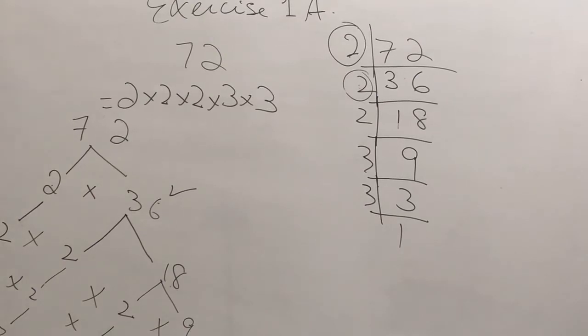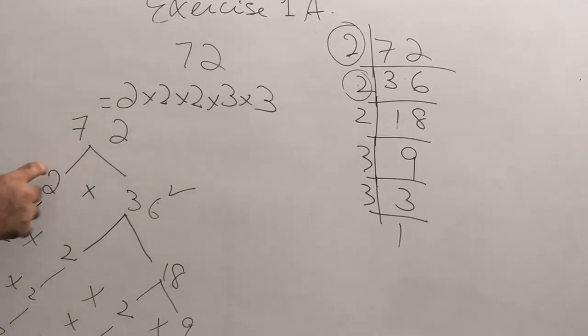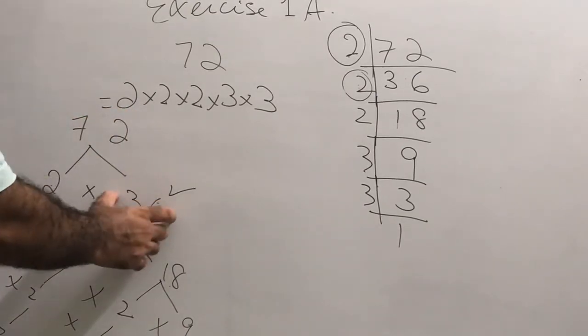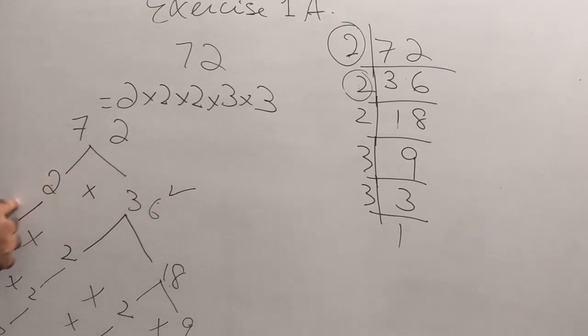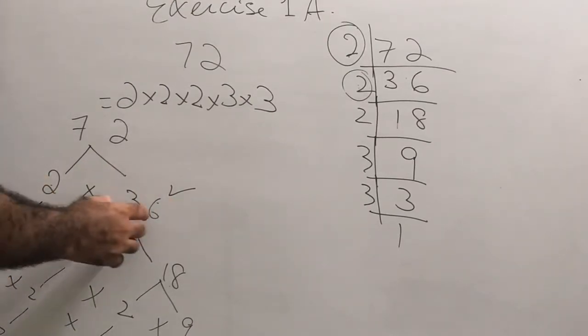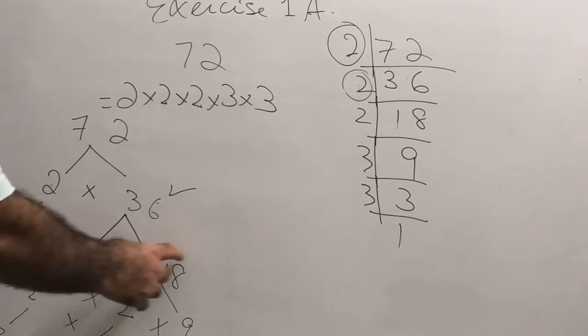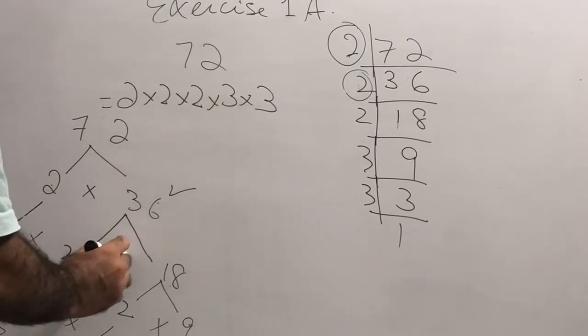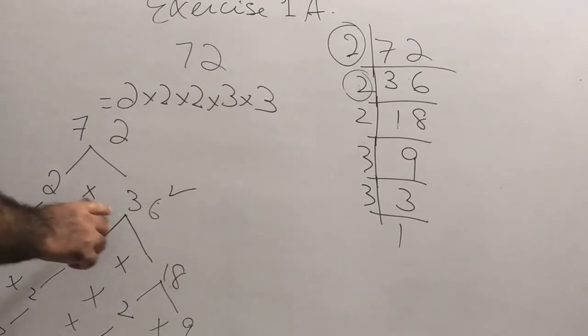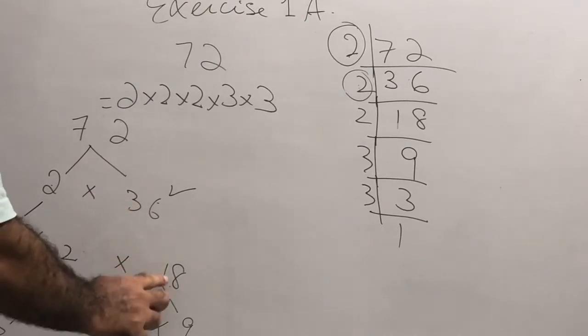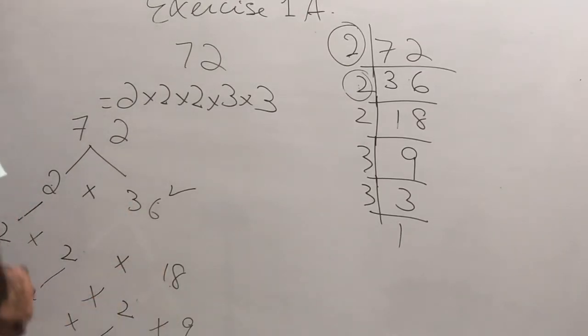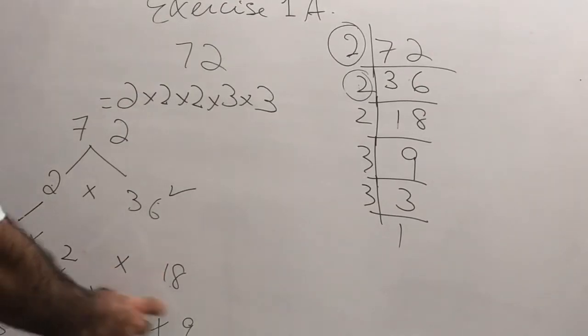So how to do it is 72 divided by 2, we got result 36. This will carry on here. 36 divided by 2, we get result 18. Then 18 will be divided by 2. 2 9s are 18.